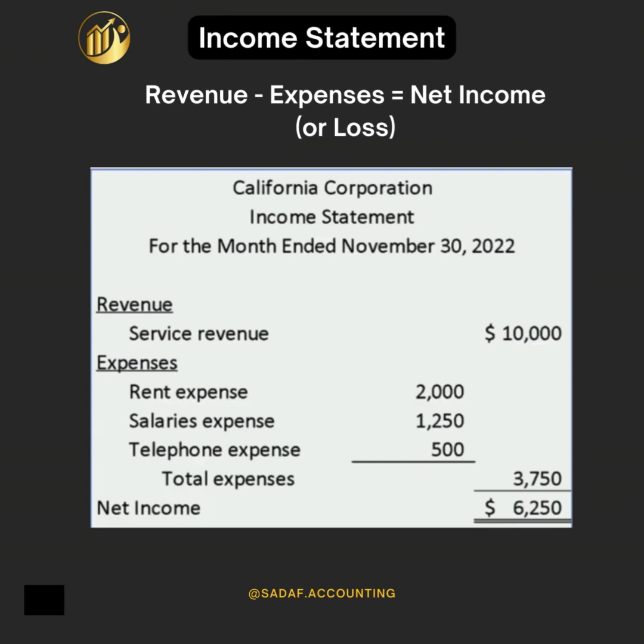So we take our revenue of $10,000, subtract out the total expenses, and we get net income of $6,250. Keep that number in mind because it's going to flow to the next statement.